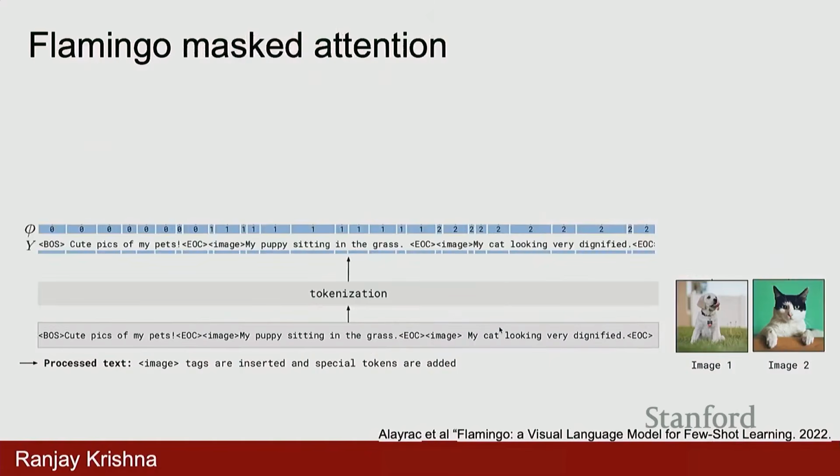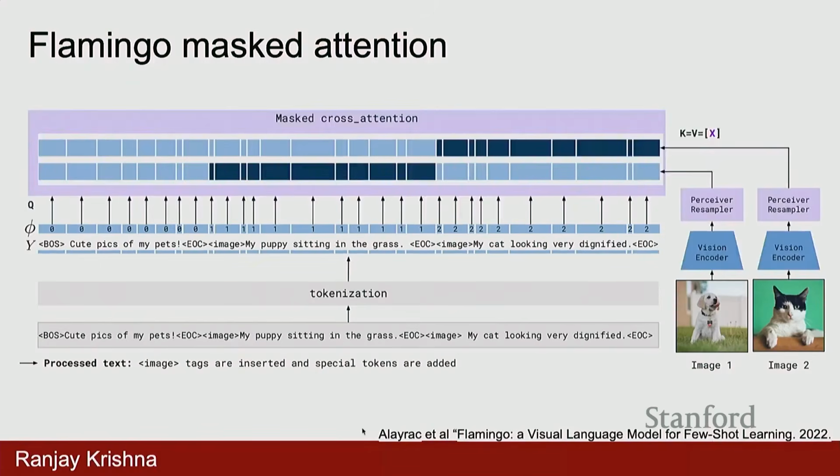And of course, when describing any single image, you don't want the model to look at the entire context. You want it to only look at that one particular image. And so they created a masking scheme where every single image, when generating, only looks at that particular image's features and not the other ones. Meaning that when you're generating the description for my puppy is sitting in the grass, you're only looking at the features that correspond to the puppy, only when generating those words.